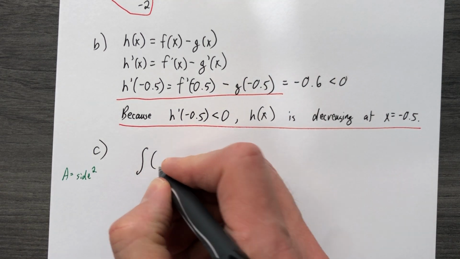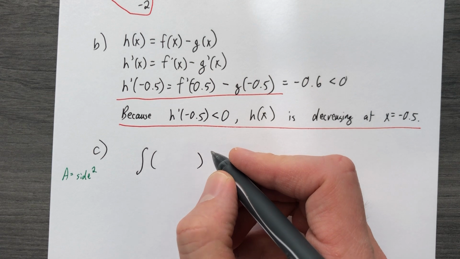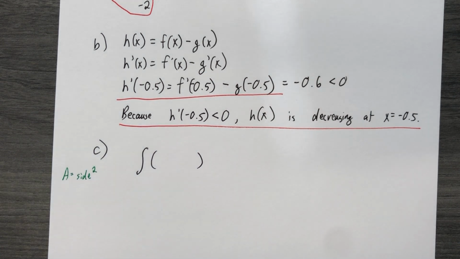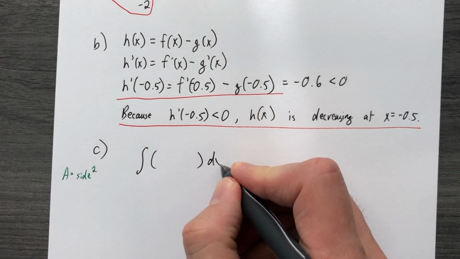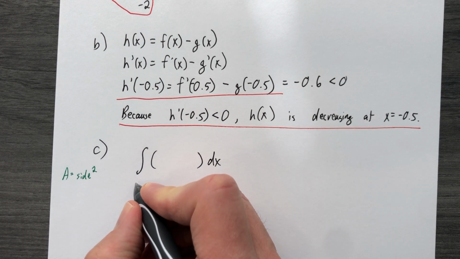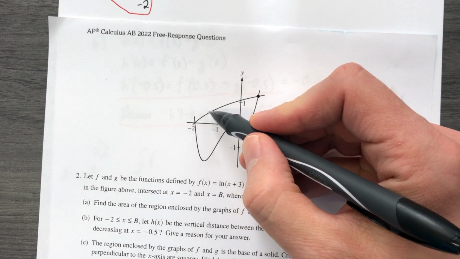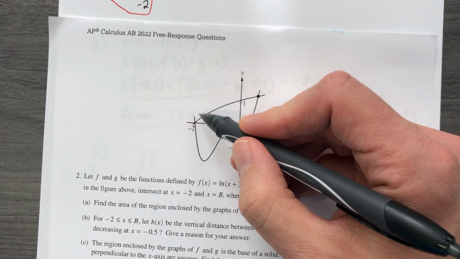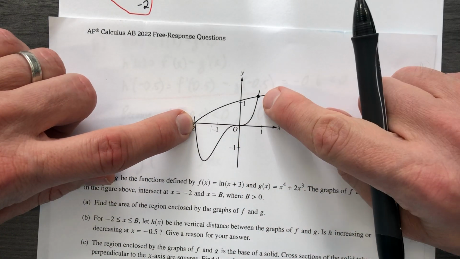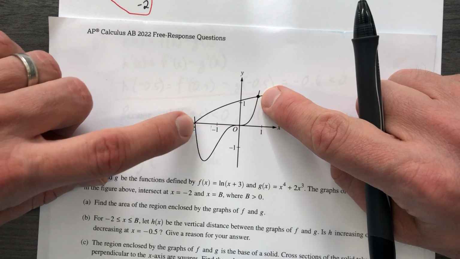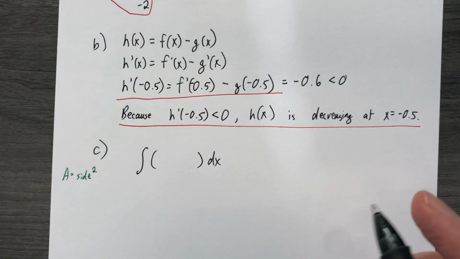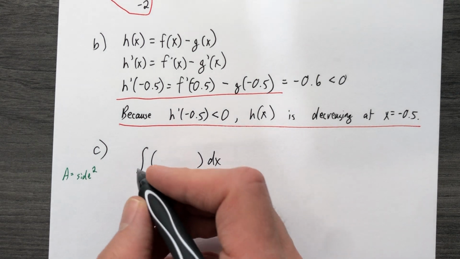Now we're accumulating areas to create volume. So we're accumulating areas of an infinite number of squares, square here, square here, square here, from -2 to positive 0.78, and that will accumulate to give us the volume.